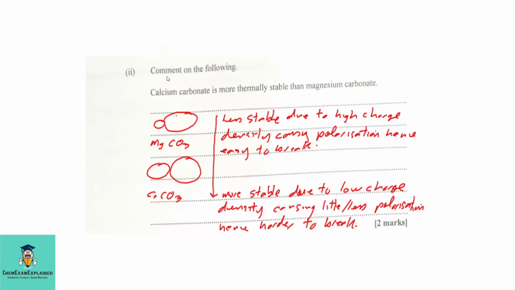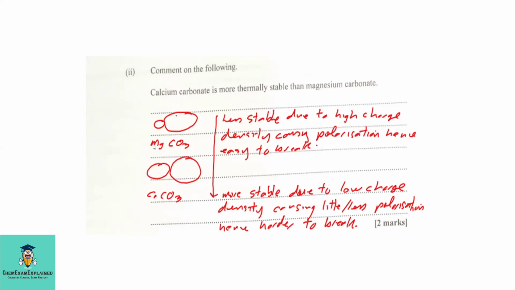B part 2. Comment on the following. Calcium carbonate is more thermally stable than magnesium carbonate. So if you look at magnesium carbonate, you'll see that we have a positively charged magnesium, which has a small atomic radius. It will then combine with the carbonate ion, which is of a larger size.